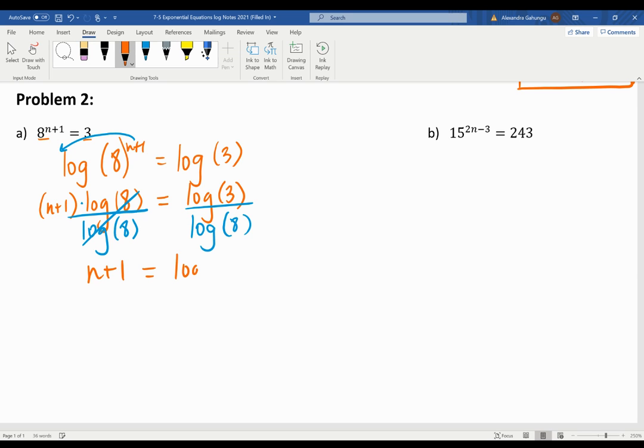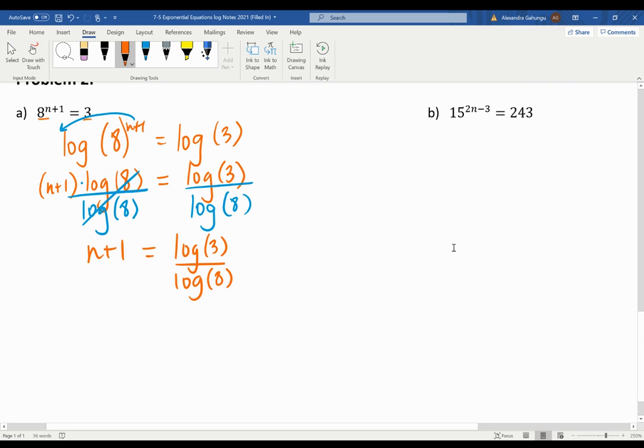So it's the log of 3 over the log of 8, and we don't put anything into the calculator until towards the end, so we're not rounding. And just to get n by itself, we would subtract 1.